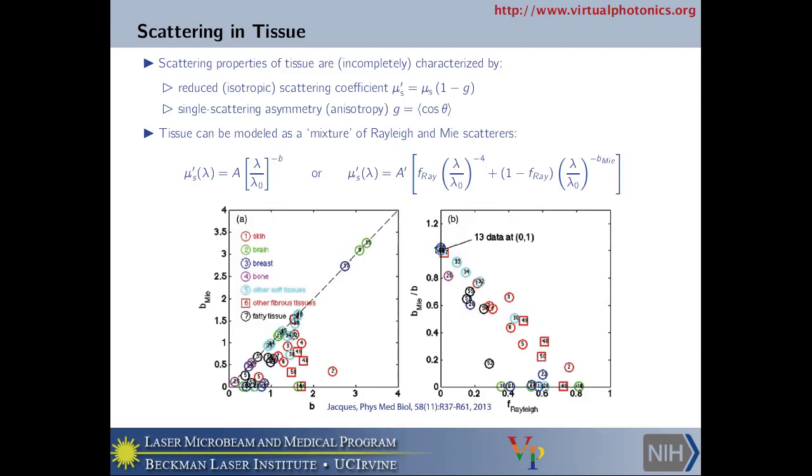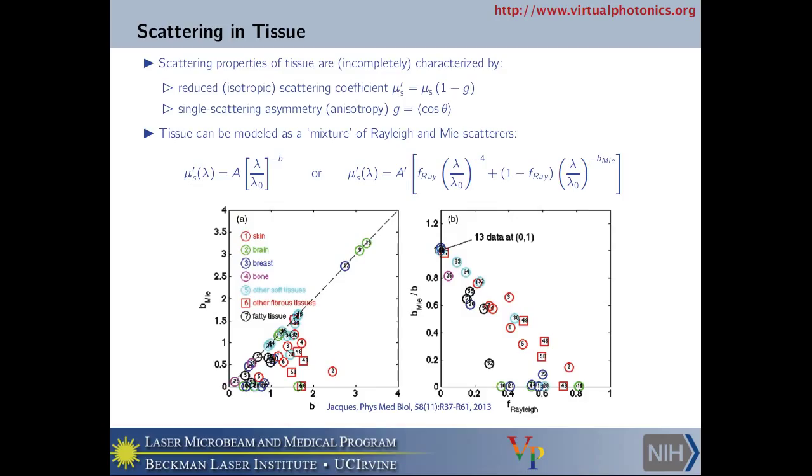So we need to know the number density of scatterers, and we need to know the angular distribution. In the diffusion context, we actually don't even see μs. We see something called μs prime, and we'll see that later when we derive the diffusion approximation in this course. But you see what's called the reduced scattering coefficient, which is the product of the single scattering coefficient μs times 1 minus g.